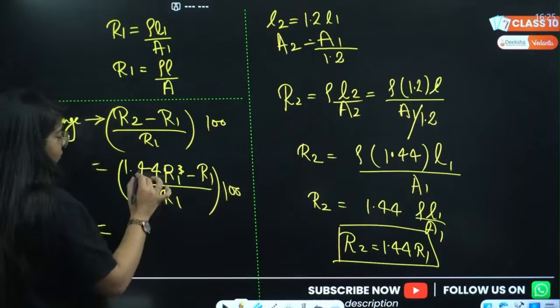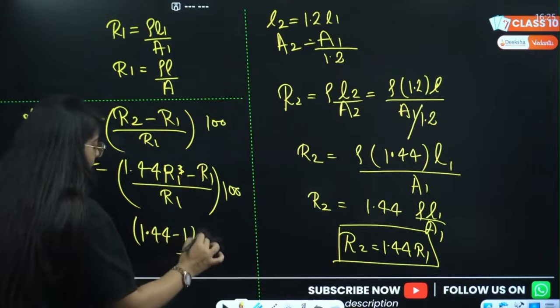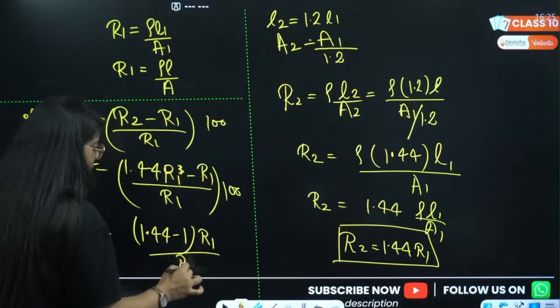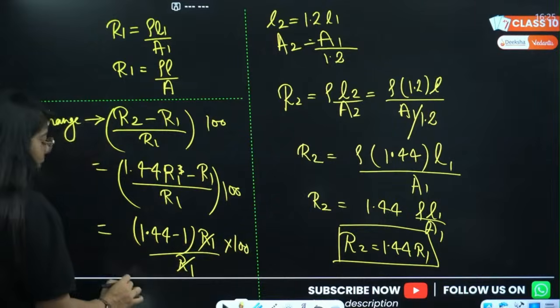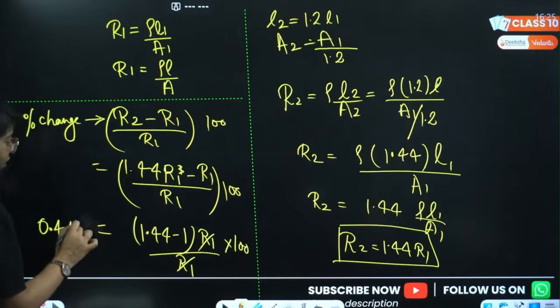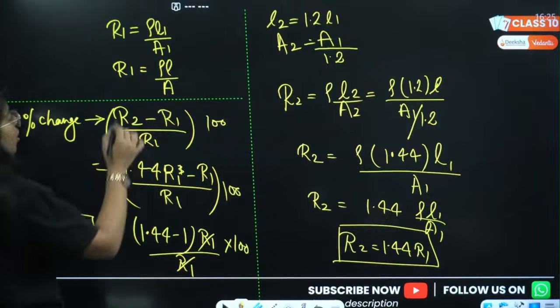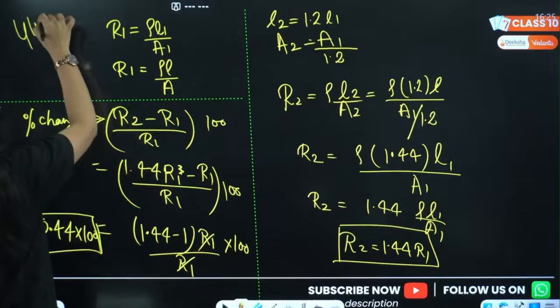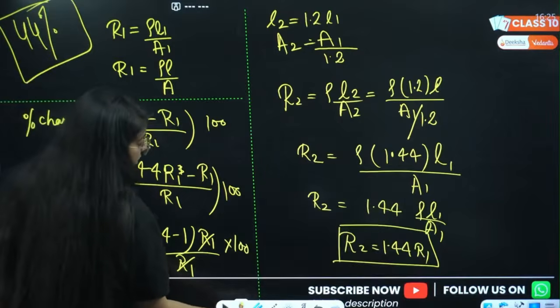And that will be 1.44 minus 1, and we can take R1 common, divide by R1, so this gets cancelled, into 100, and this will be 0.44 into 100, correct? So percentage change is 44%. This is my final answer.